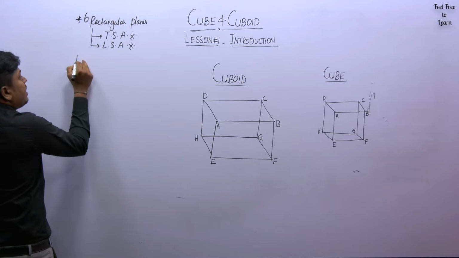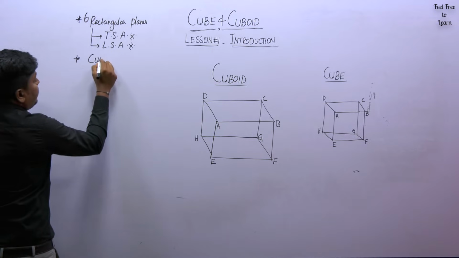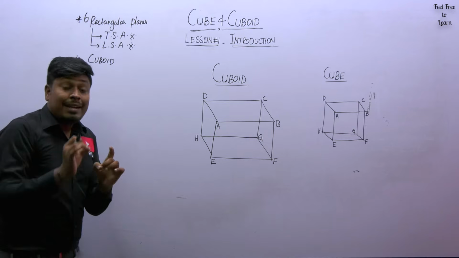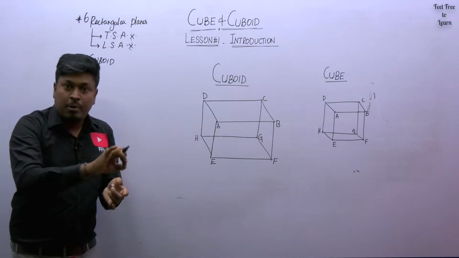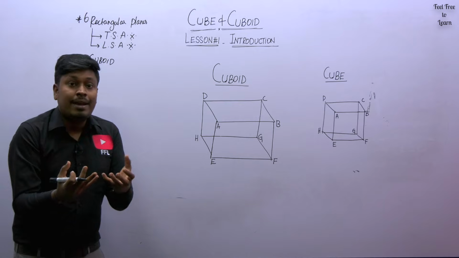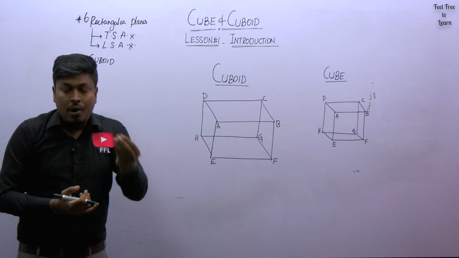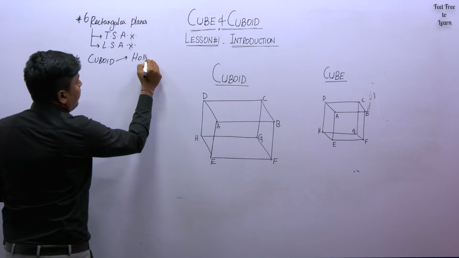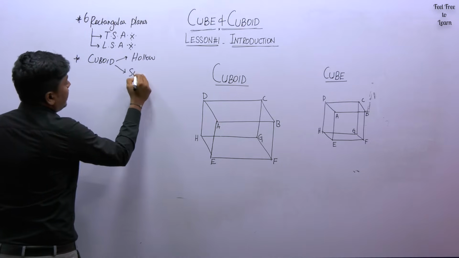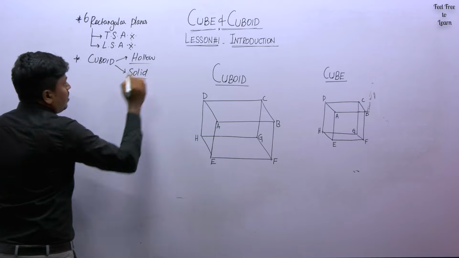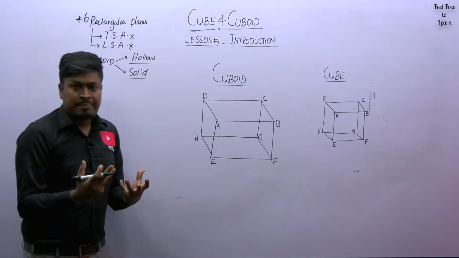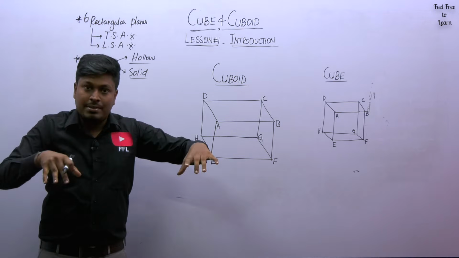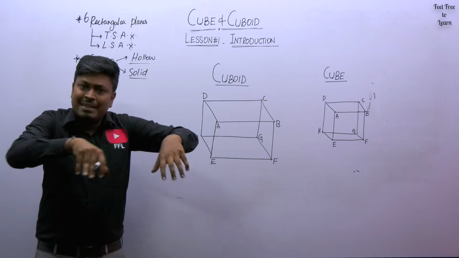And the second important thing is, if you take the word cuboid, this cuboid can refer to a hollow cuboid or else a solid cuboid. It can be anything, right? Do you know what a hollow cuboid is? For example, if you take a rectangular box, inside the box there will be some hollow space, right?